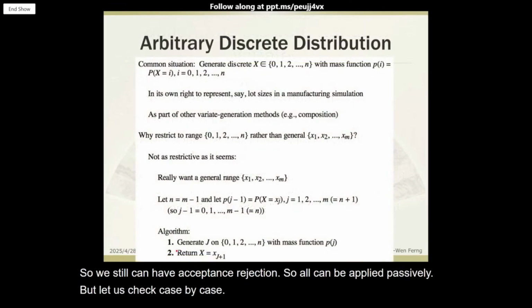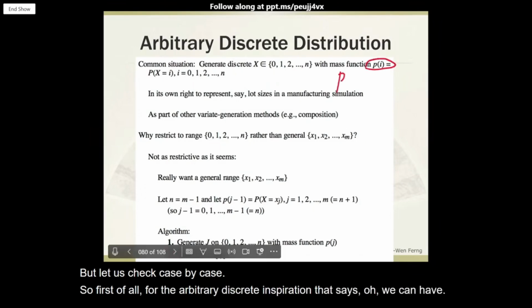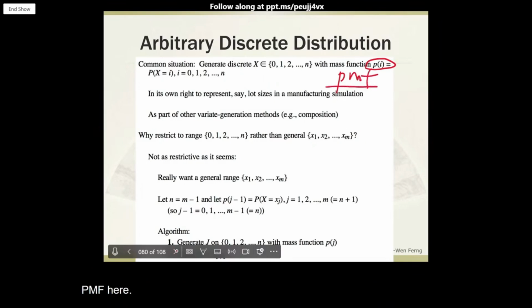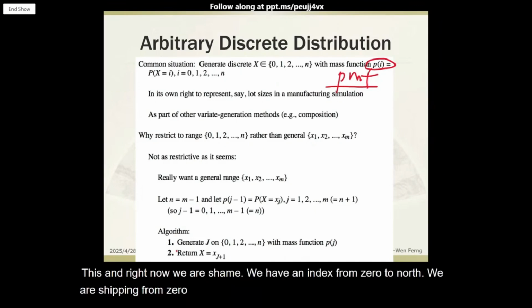So first of all, for the arbitrary discrete distribution, let's say we can have the PMF here. How to generate these? And right now we assume we have an index from 0 to n. How to have the generation?